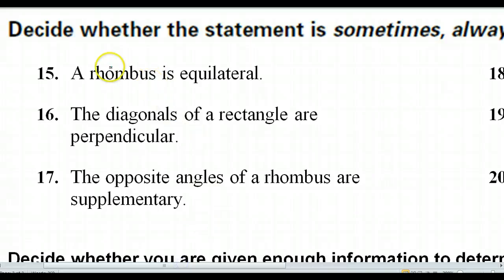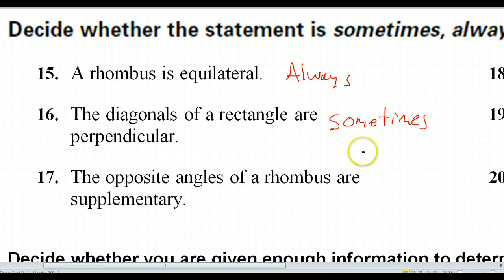A rhombus is always, sometimes, or never equilateral, class. Always. The definition of a rhombus is all sides congruent, so that will always be equilateral. The diagonals of a rectangle are always, sometimes, or never perpendicular. Sometimes.